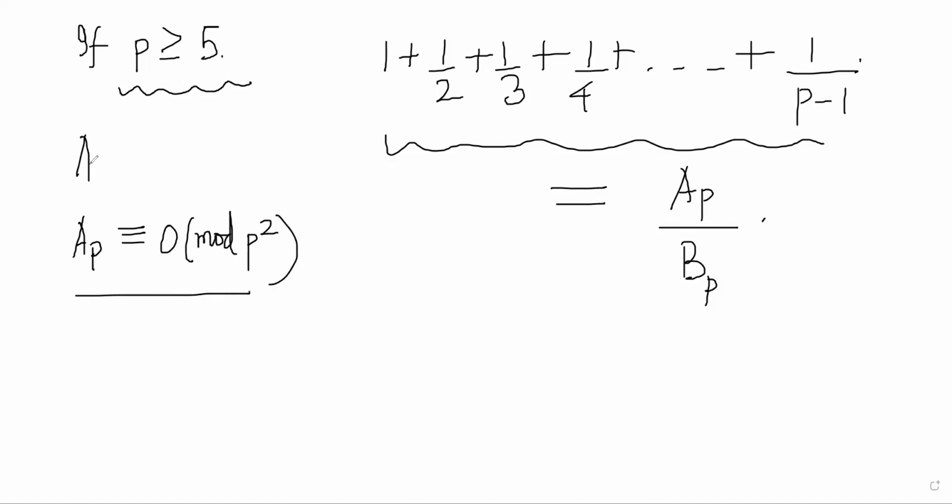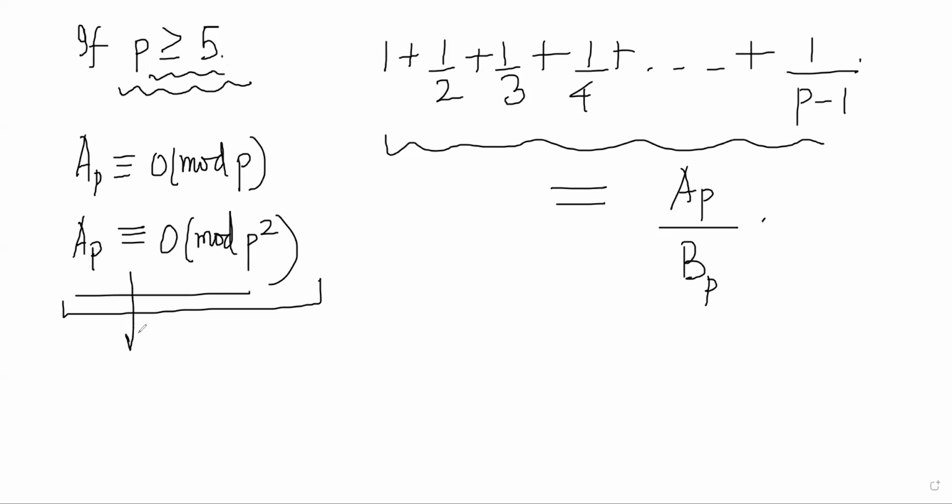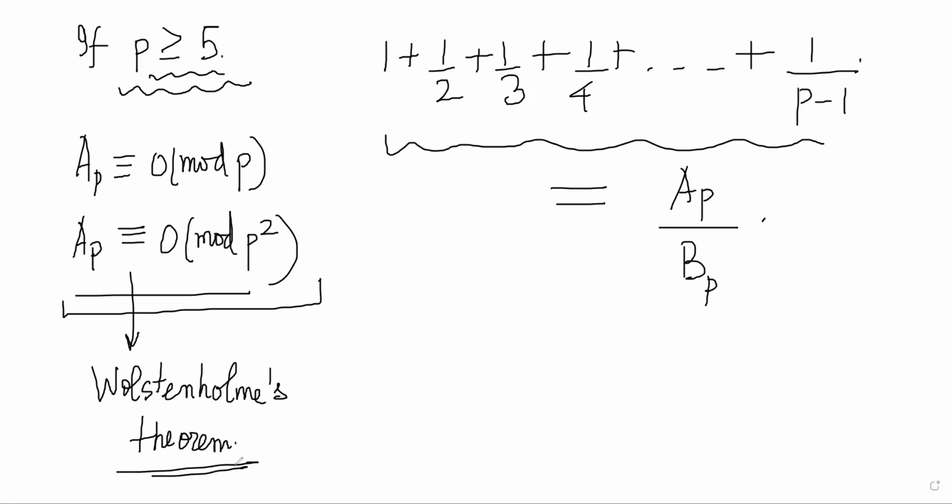We have already seen that AP is congruent to 0 mod P, right? We can also show that AP is congruent to 0 mod P square, and actually that is true only for primes greater than or equal to 5, and this is the statement of Wolstenholme's theorem. So we will not do the proof, but you can confirm it yourself that this works out to be true.